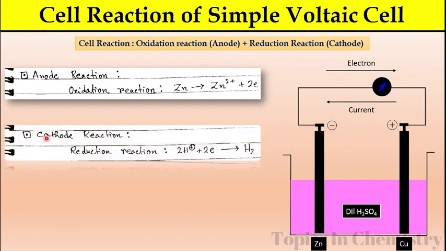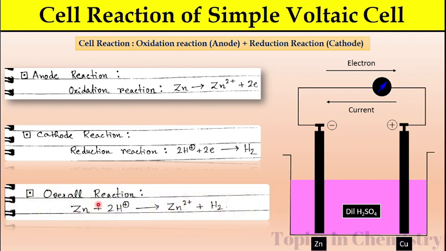Now the cathode reaction is the reduction. The electrolyte, dilute H2SO4, creates H+ in the solution. This H+ goes to the electrode, takes 2 electrons and converts to hydrogen gas, so you can see hydrogen gas bubbles at that electrode.